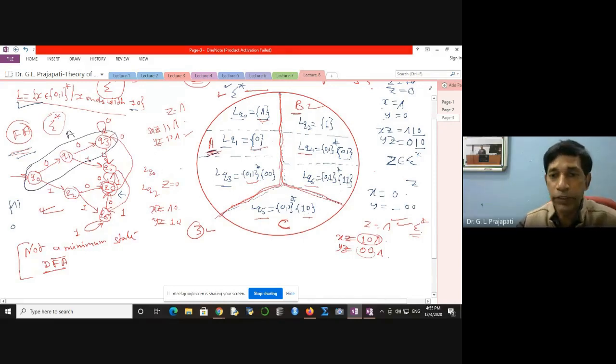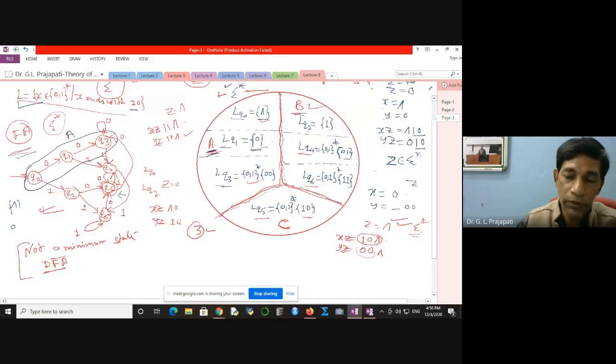Similarly, the strings from the sets LQ2, LQ4 and LQ6 are not distinguishable, and you have one equivalence class, class B. Since you are not able to distinguish any two strings from the equivalence class B, this means on applying any string from the equivalence class B, your FA should not go to different places, it should go to only one place.